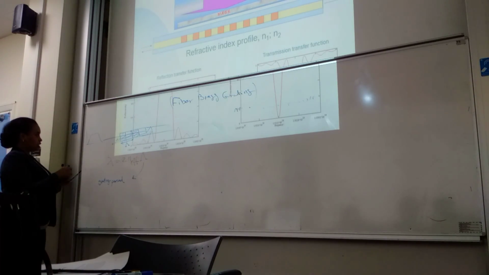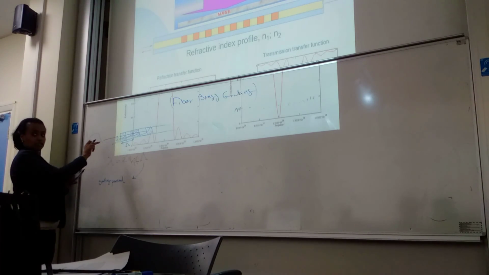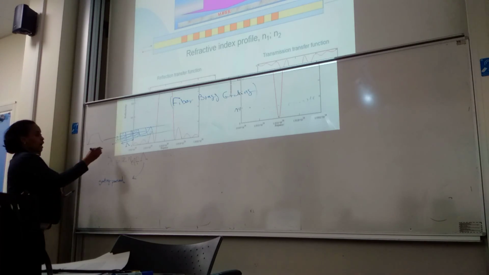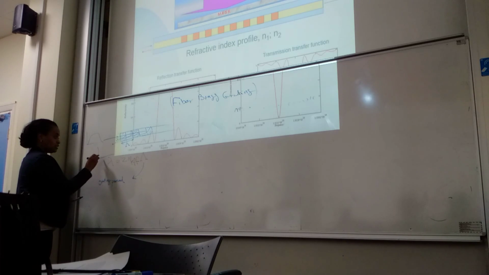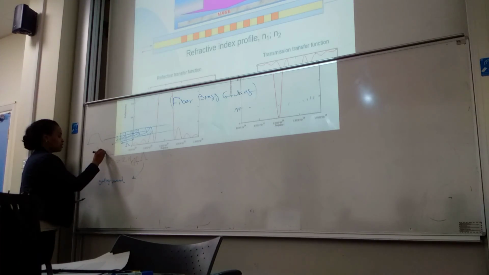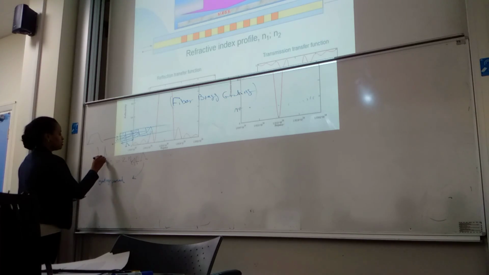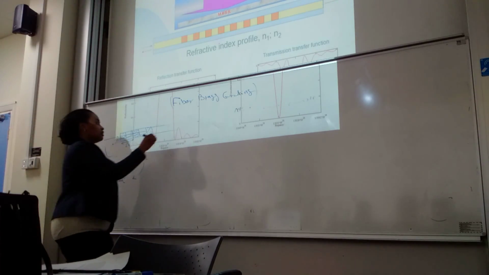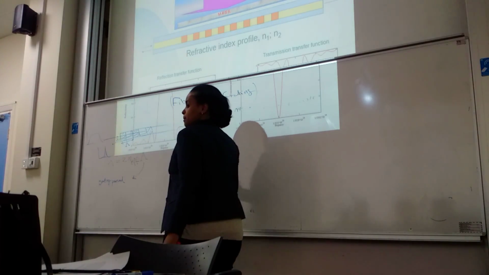So if this is our input, a wide signal, our output will be a certain wavelength reflected, and the output there will be everything except that.